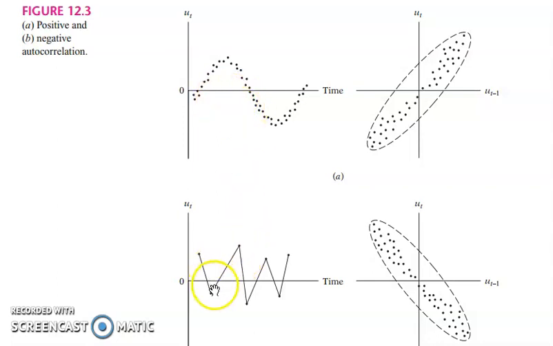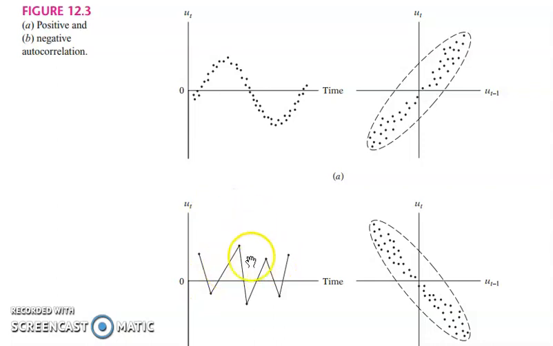But when you see a negative correlation, meaning rho is a negative value, if the previous year's error is a positive value, then this year will be a negative value. If this year is a negative value, then next year's error term is a positive value. So it flips between times. Suppose starting in 1980, 1980 is a positive error term, 81 negative, 82 positive, 83 negative, and so on.